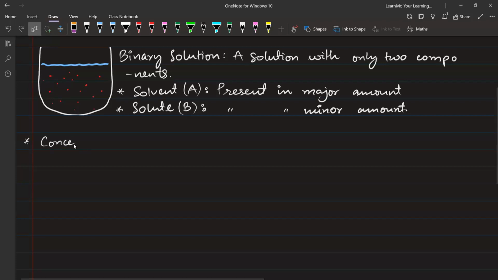Please write concentration terms. Now, in concentration terms, what will they do?